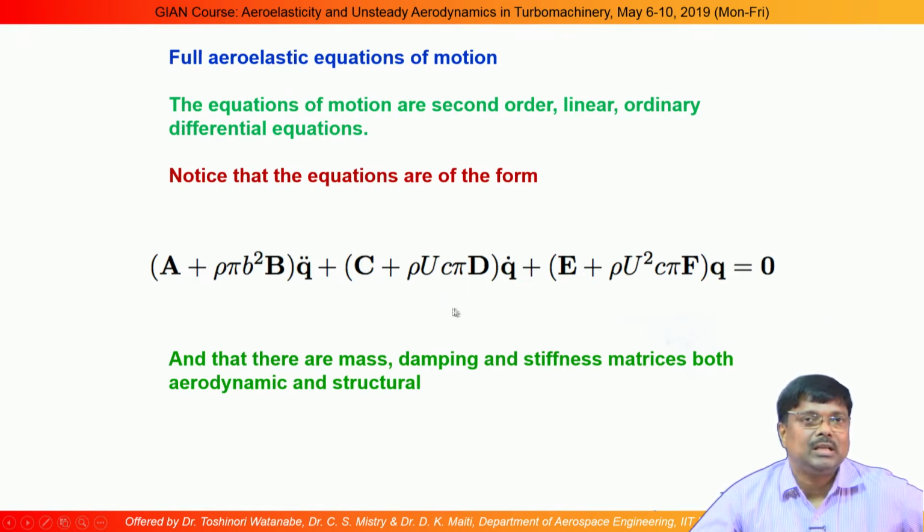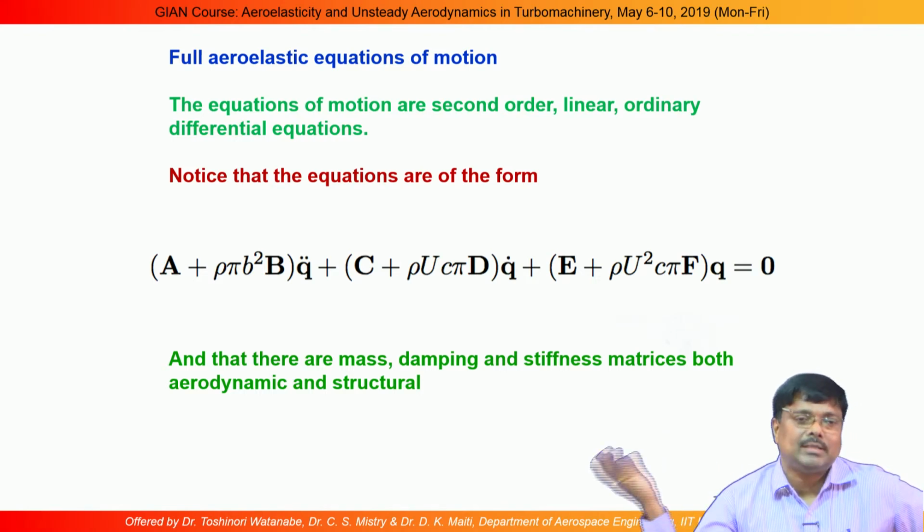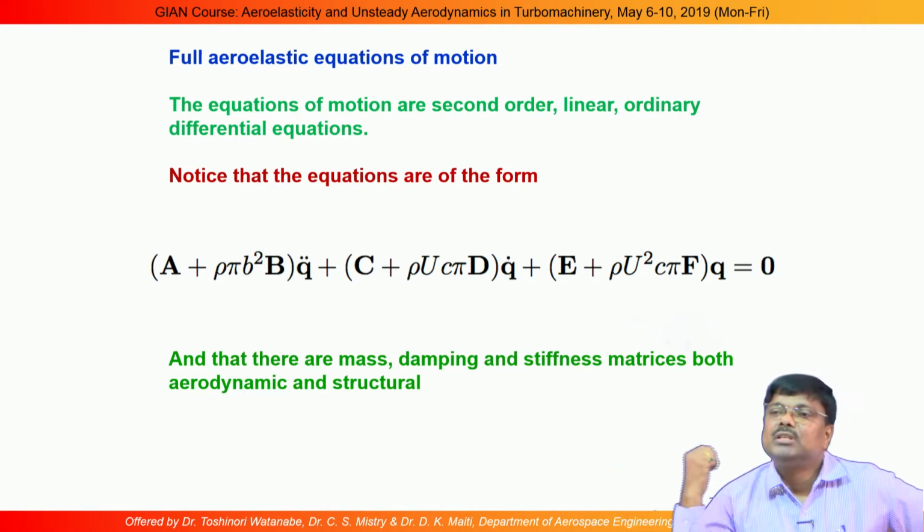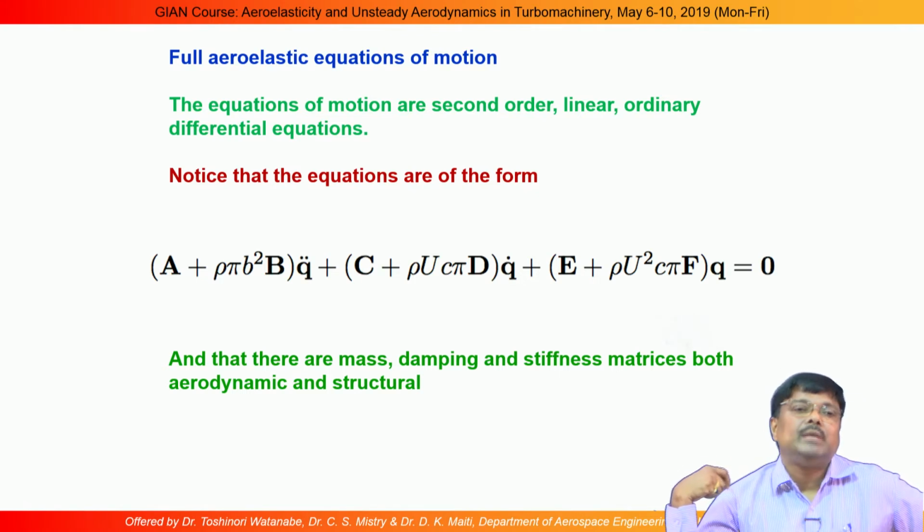This part is the aerodynamic damping and this is the structural damping, and E is the structural stiffness, plus pi u square C pi f into q, which is the aerodynamic stiffness, equal to 0. When right hand side is equal to 0, we call this the stability equation.